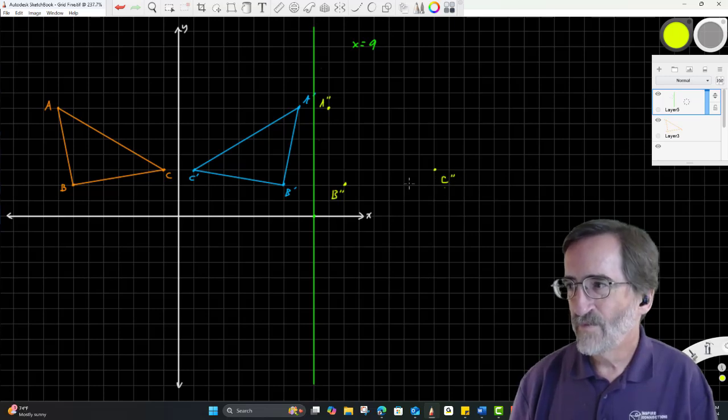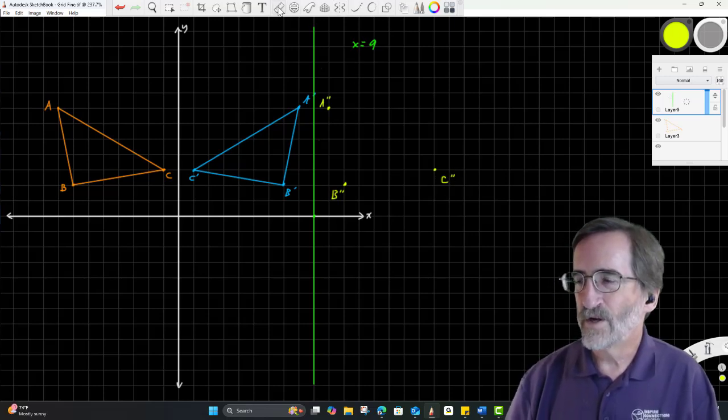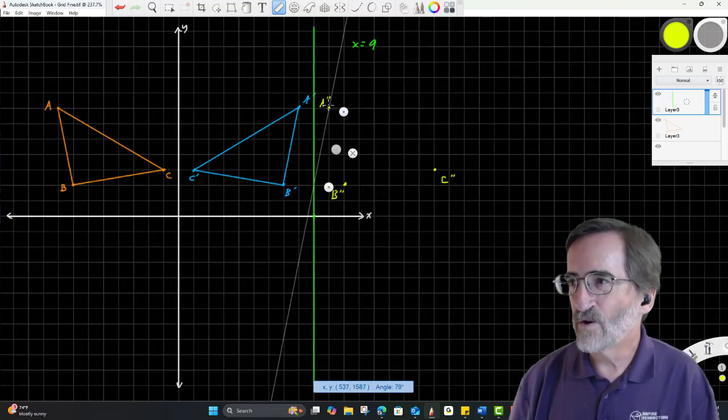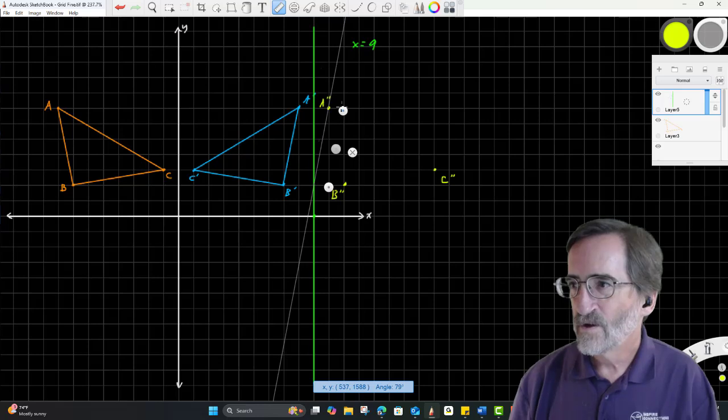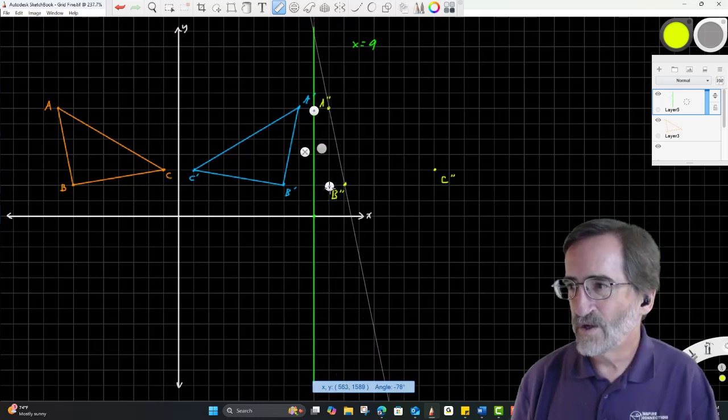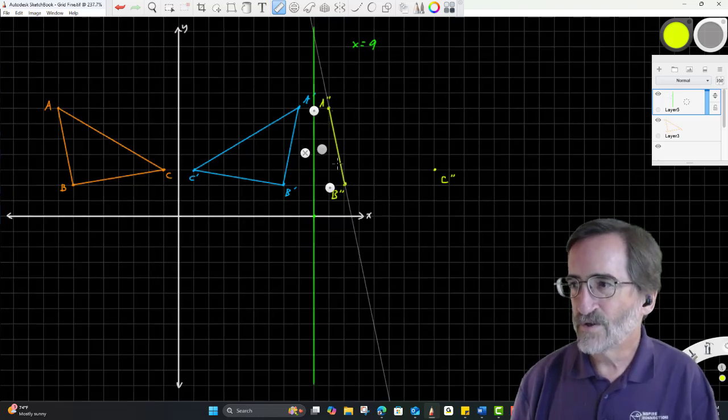And let's go ahead and draw our triangle here. Now the fun comes when we look at the original triangle and the final triangle, the image, after the double reflection.